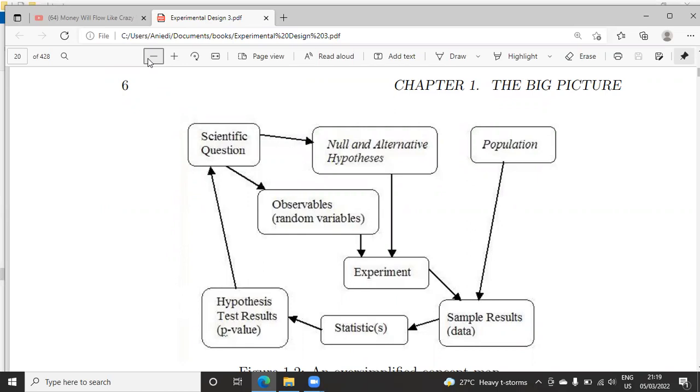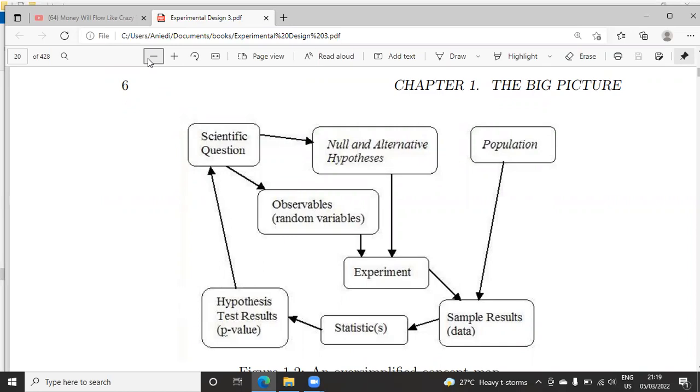Now, you decide to take observations of the population. Then you conduct the experiment, taking whatever you have observed, the data, the variables, and using the null hypothesis.